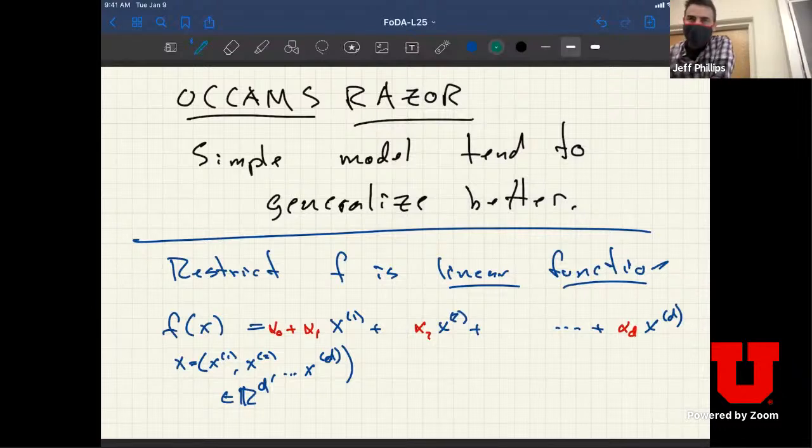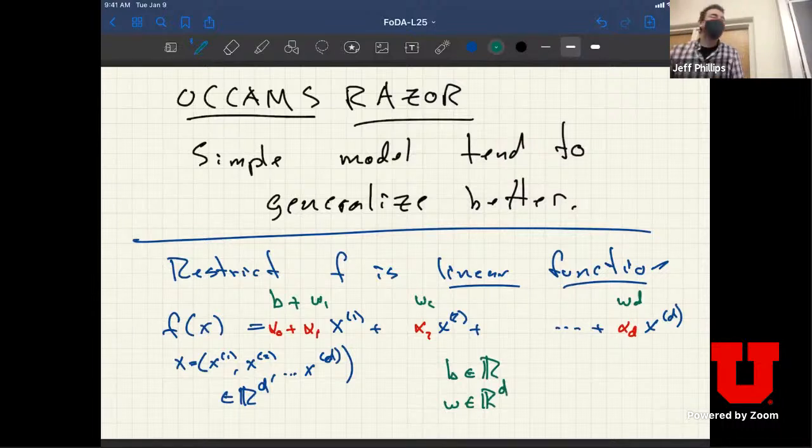Whereas in the case of regression we'd combine this into a single dot product where all the alphas were folded in, here we're going to keep the offset term separate and call this W1, W2, up to WD. So now B is going to be a scalar value and W is going to be in R^d. And so we'll typically think of our model as described by these two terms, this W vector and this scalar offset value B.